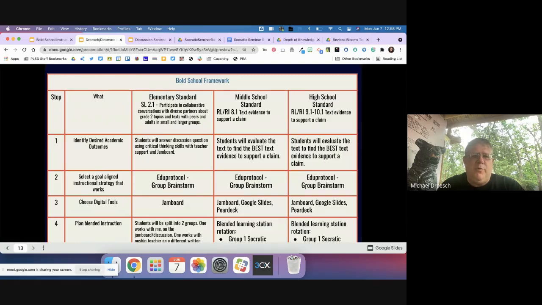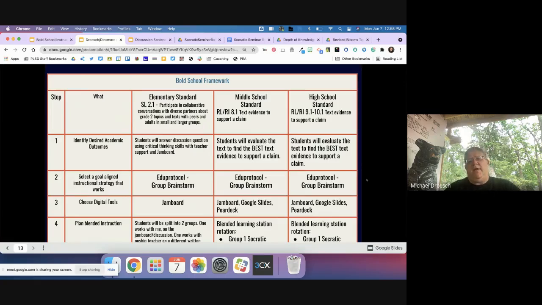And then for our BOLD school framework, we focused on elementary and then middle and high school. So you'll see some differences, but a lot of it goes across. For middle school and high school, we focused on the 8.1 and 9.1 strands, and there wasn't a lot of difference between the two for 8th and 9th grade students. But the biggest thing is text evidence to support a claim.